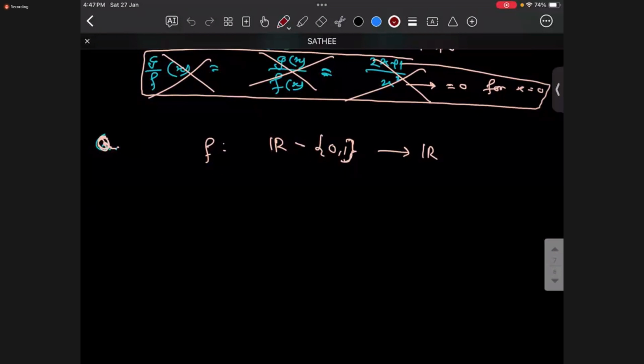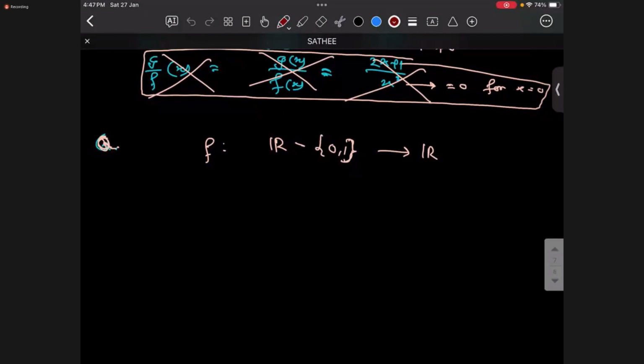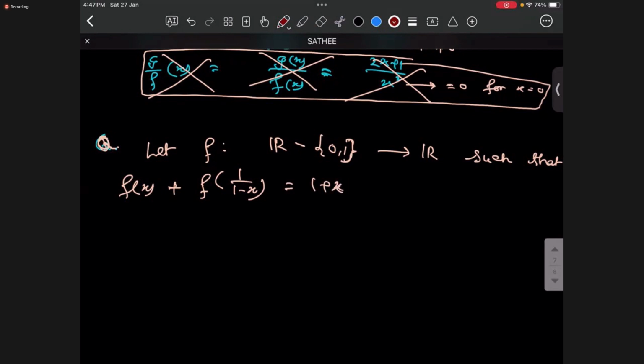Let f be a function such that f x plus 1 by 1 minus x, this is equal to 1 plus x, for all x belongs to R minus {0, 1}. Okay, then the question is, what is f of 2?